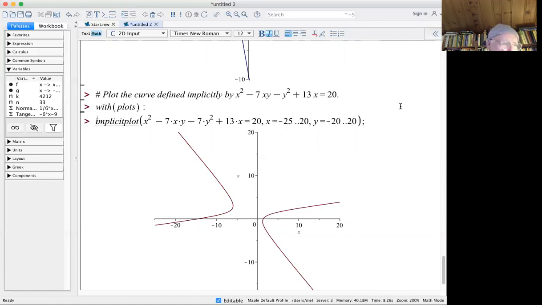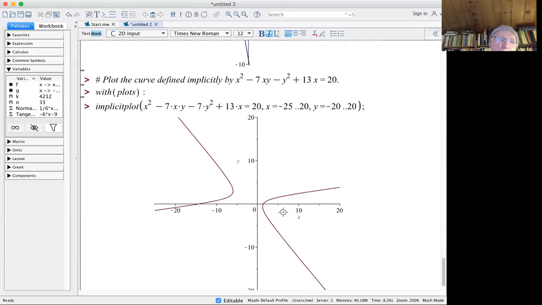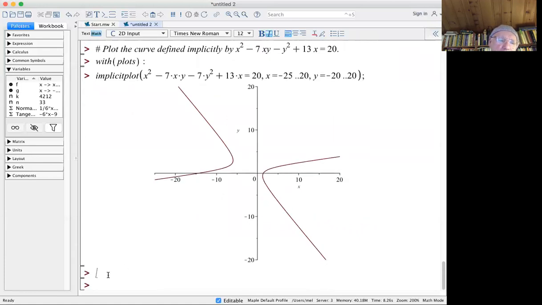What are some other things in Maple that we haven't done yet? I tried to do some high school algebra, but let's do a little bit more. Factoring. So there are two kinds of things you do in high school.